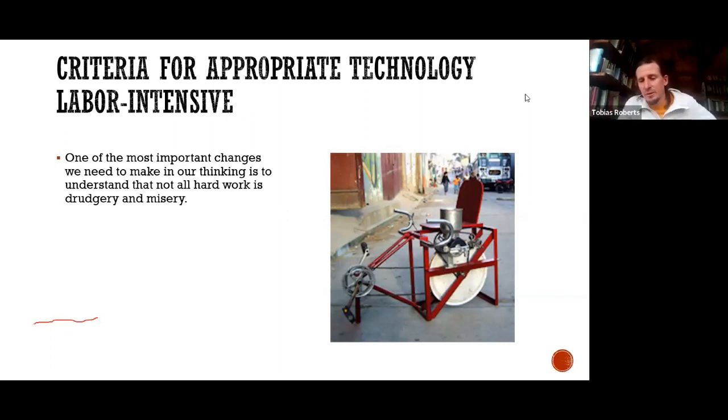But what the community eventually decided on were these bicycle powered shelling machines, and it was just as efficient, but what it required is people to get on these bicycle machines and shell their macadamia nuts. One of the most important changes in our relationship to technology is to think that not all hard work is drudgery and misery. Labor intensive work can be rewarding and might be much better for the world.